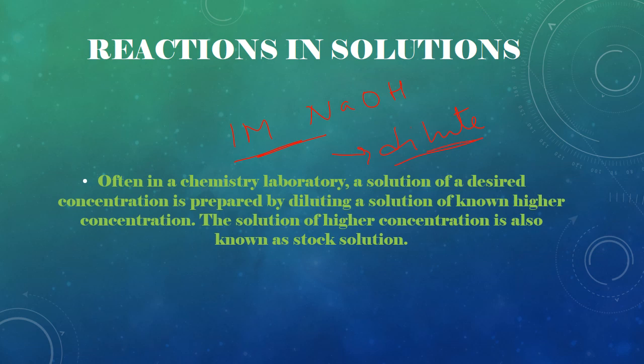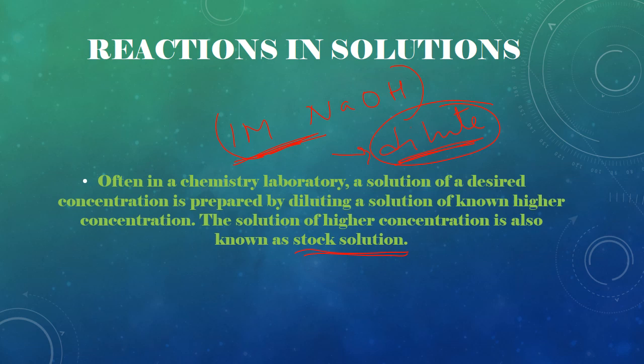Because when you are making a dilute solution, the mass of the solute required may be very, very small, and to weigh that small quantity you may have issues, or the quantity required may be so small that you will not be able to accurately take the exact amount. So we always take a concentrated solution and then dilute it. This concentrated solution is called stock solution.